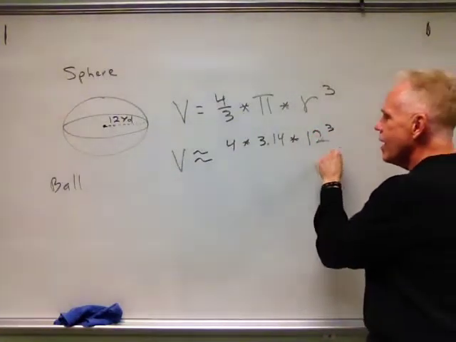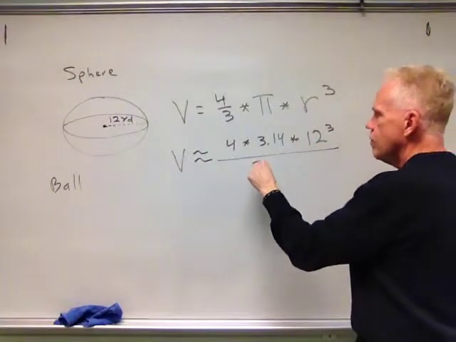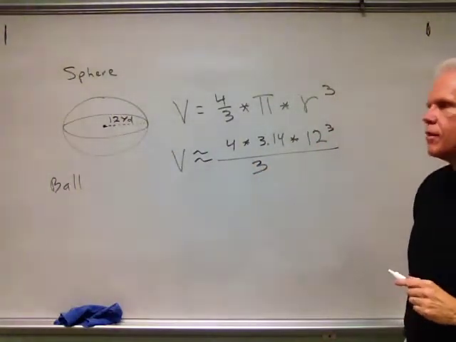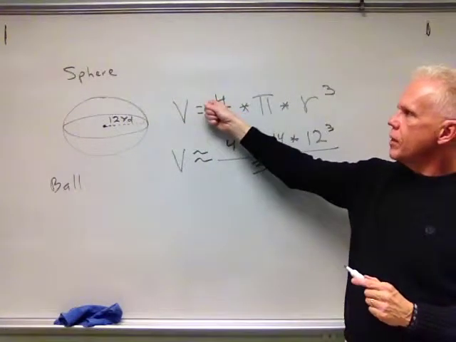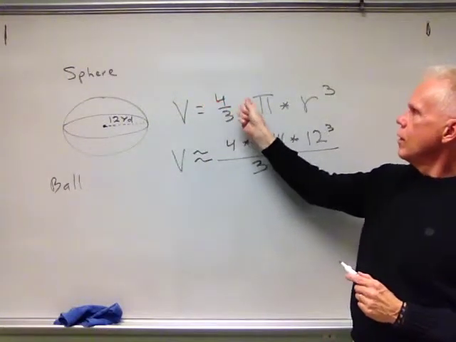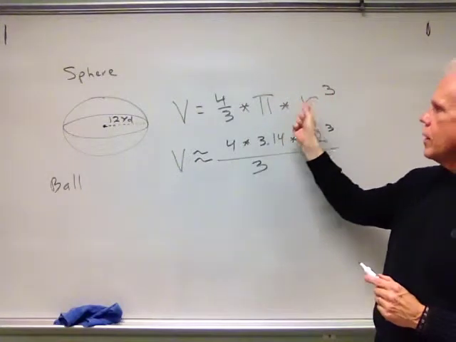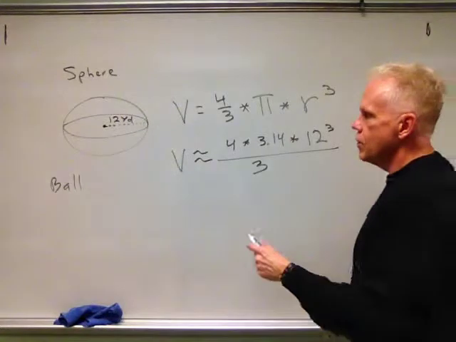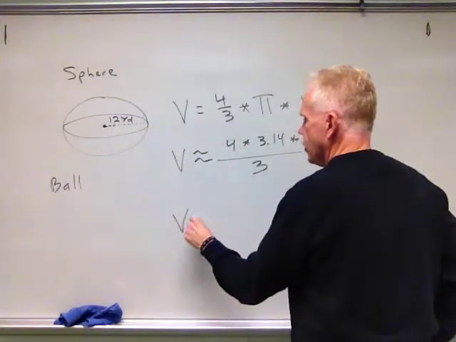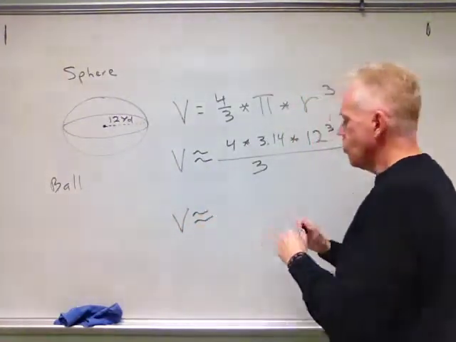Then I'm going to take all of that answer and divide it by 3. That's the way I can handle this 4/3. I can multiply the 4, the numerator, through the formula, and once I get that answer, divide by 3. That's the simplest way I know of to work out our math.